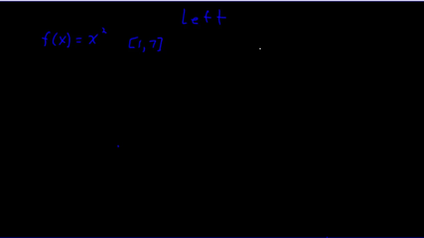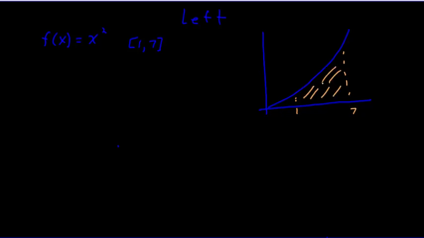In other words, let me draw this out. So we've got a parabola, and we're going from 1 to 7. And what we want to do is approximate the area under this curve.